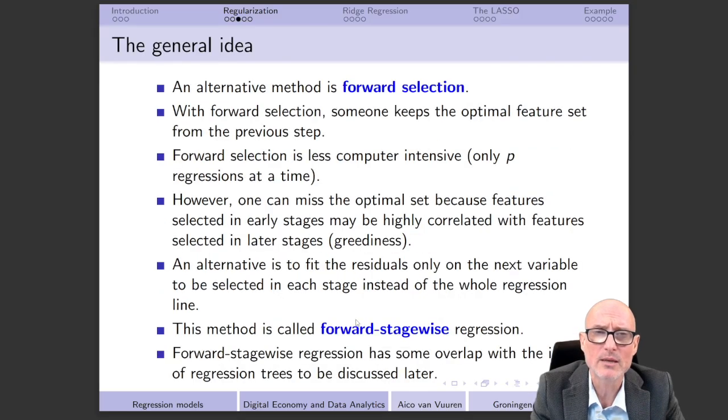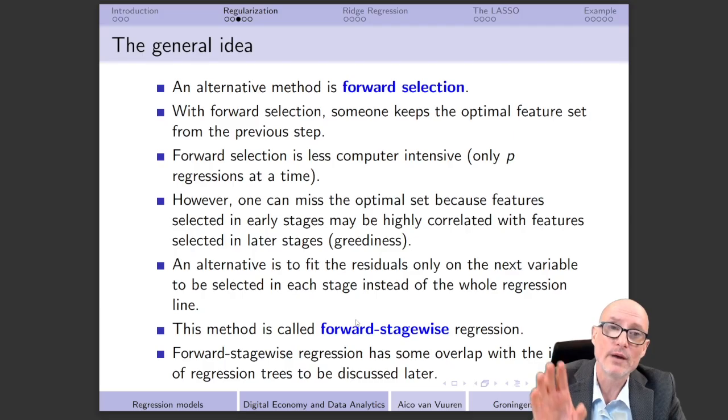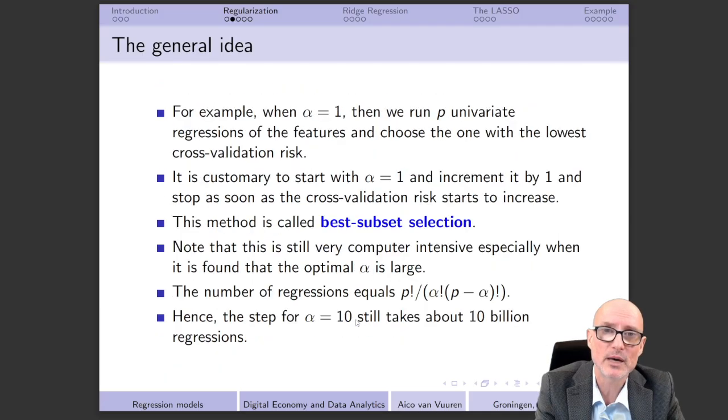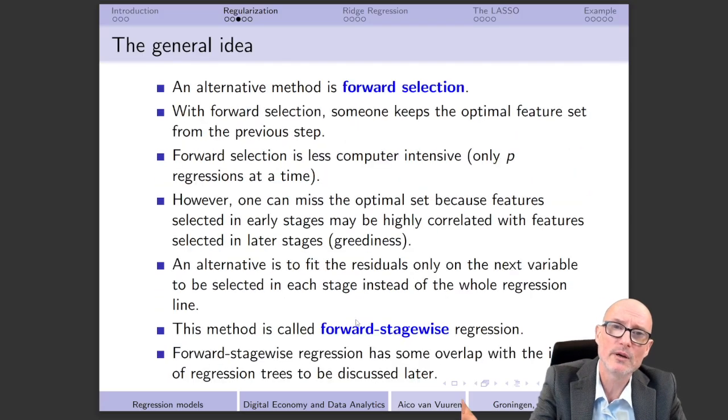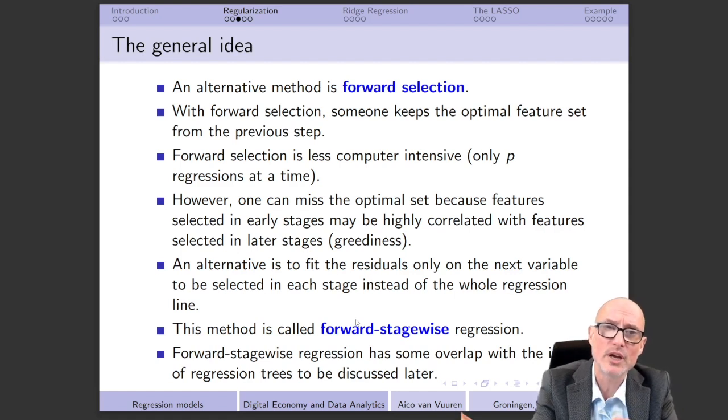If alpha is equal to 1, we haven't included anything yet, so at that moment we do exactly the same as with best subset selection. But if alpha is equal to 2, we keep the feature that we already know from alpha equal to 1 to generate the best regression, and then we only ask ourselves which additional feature we need to include when alpha becomes equal to 2.